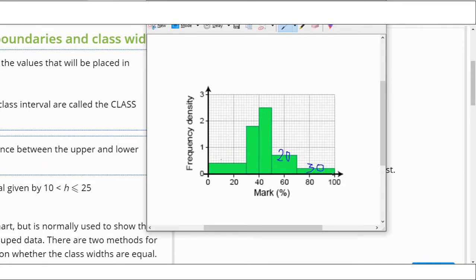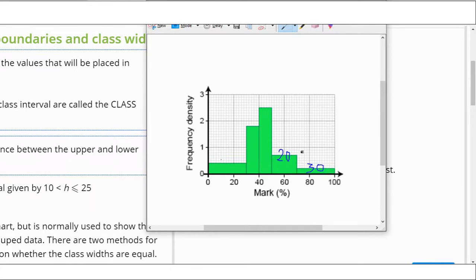So this one is around how many boxes here? I think it's two boxes. So 30 times 0.2 means 6.